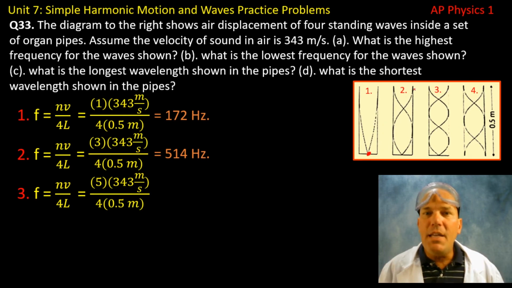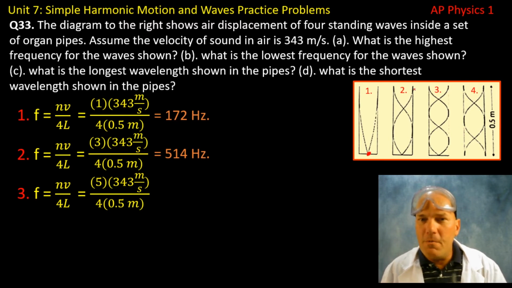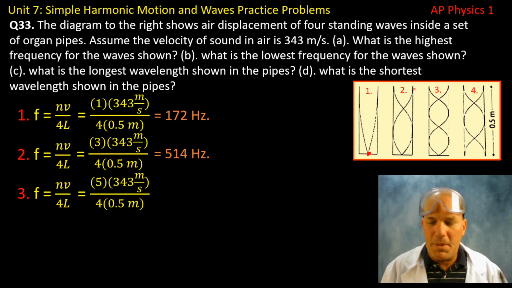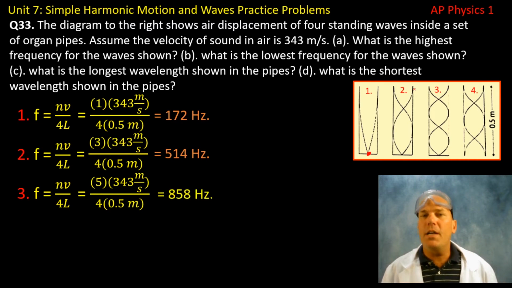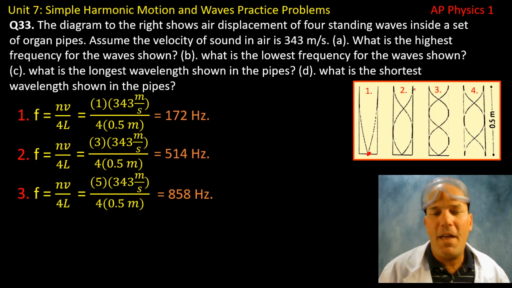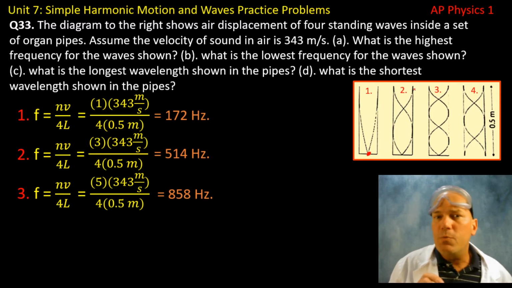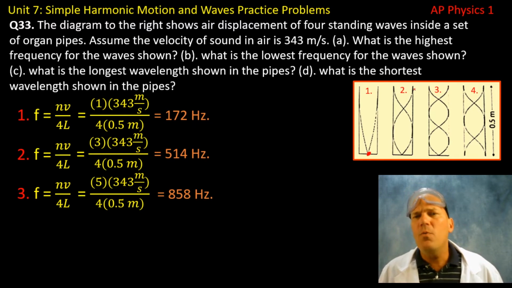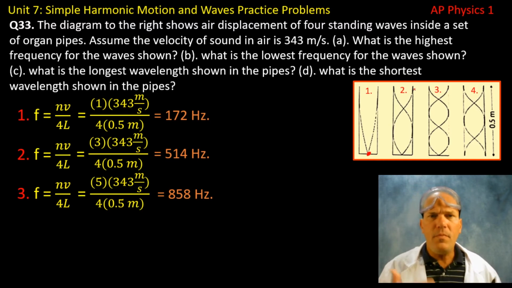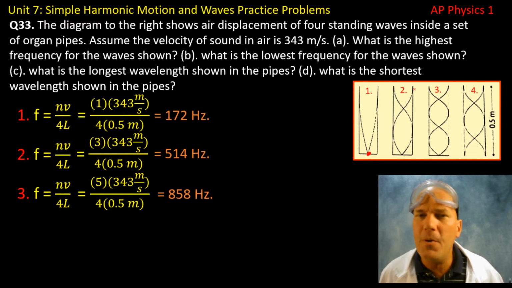That was n equals 5. Feel free to rewind the video a little bit and look at that again, please. And so we're going to calculate frequency here to be equal to 858 hertz.